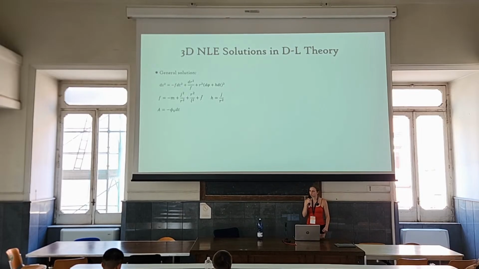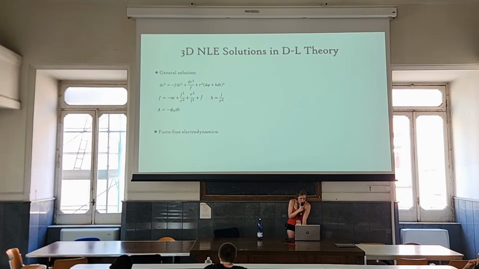You can see that the metric has the same form as the BTZ with metric functions f and h. h has always the same form, and f has the part which is common for all the solutions, and f tilde is the part which is dependent on your specific choice of NLE. And then your electric potential will always be static-like, where phi 0 is the electrostatic potential dependent on your choice of NLE.